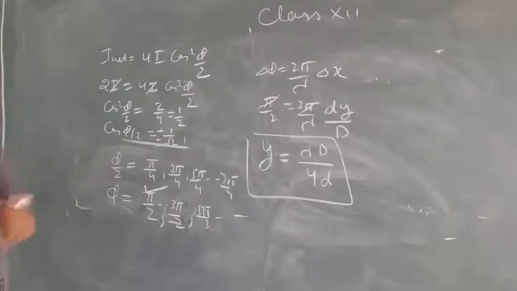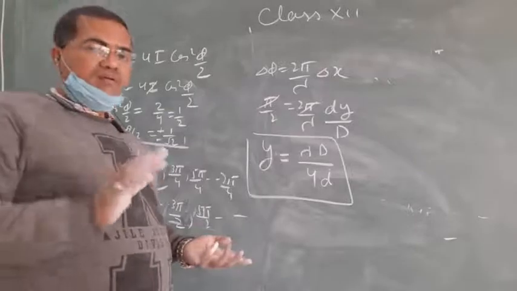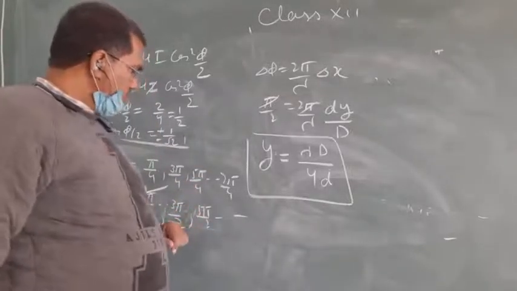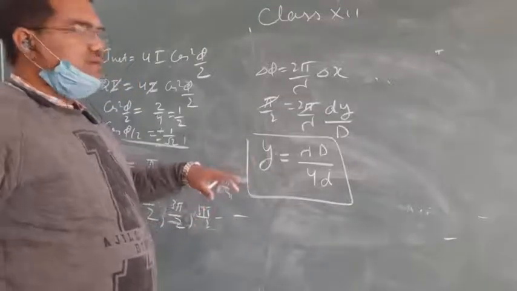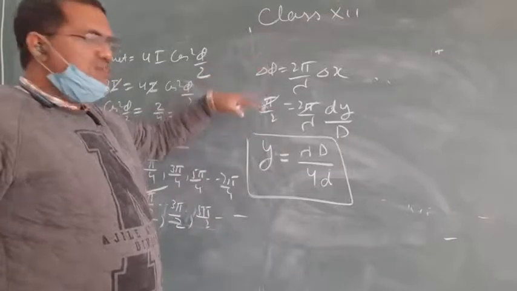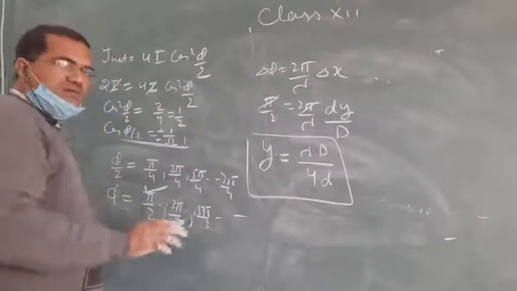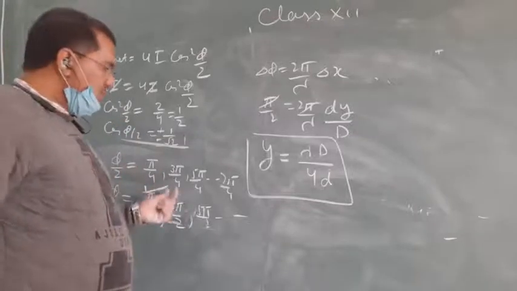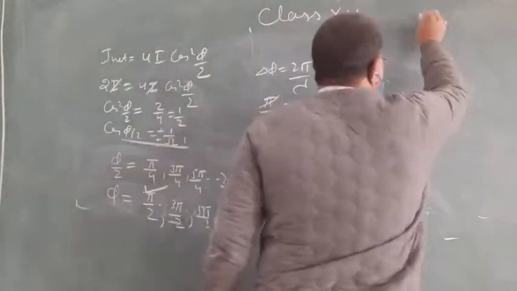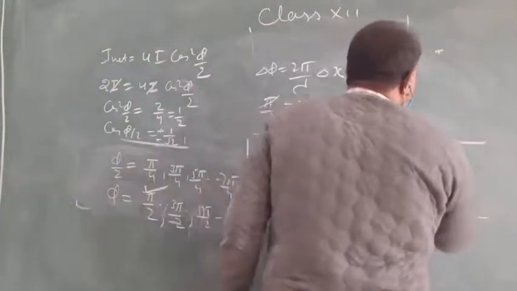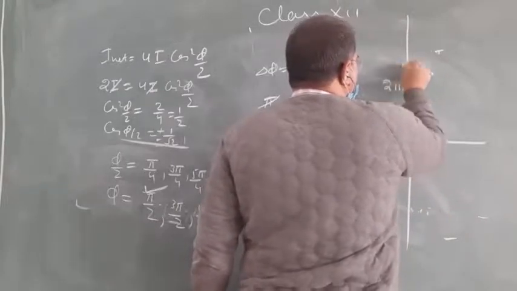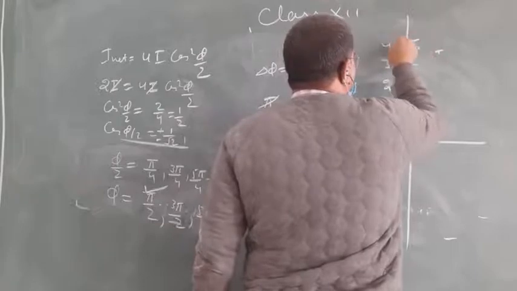Okay, we can also find the 50% intensity between 3 pi by 2 and 5 pi by 2, that is between first maxima and second minima, like that. So there are many solutions. 2i intensity will come infinite times, as we know from the diagram: 0 to pi, 2 pi, 3 pi, 4 pi.